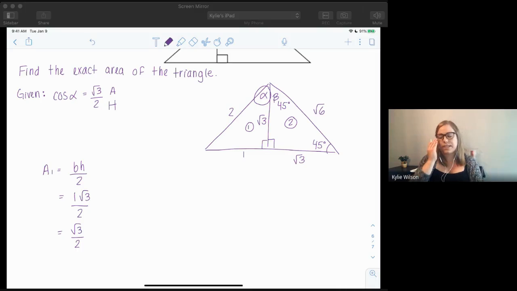Oh, okay, that's a good question, Dustin. I can look into that for you after. Because I guess it could. I mean, we're trying to use special triangles here, so this was kind of designed to use special triangles.